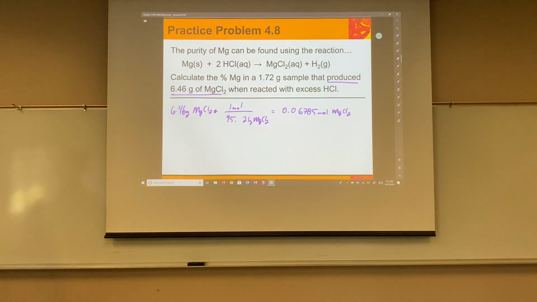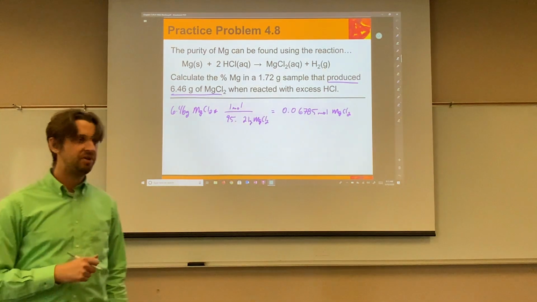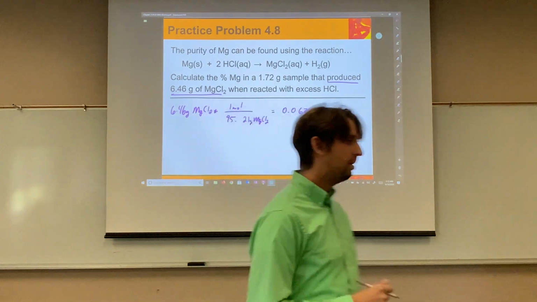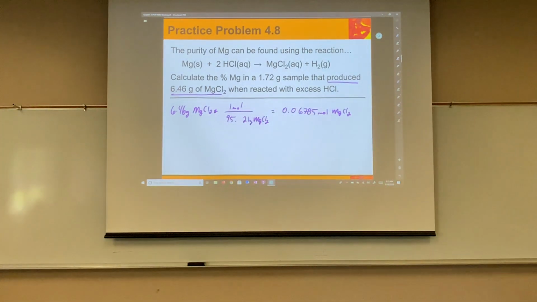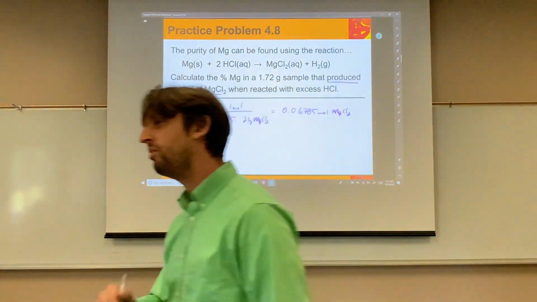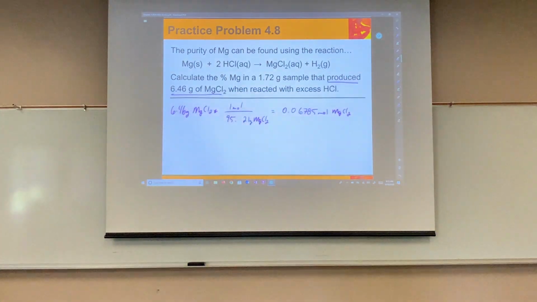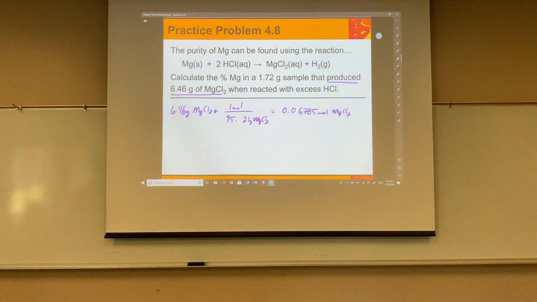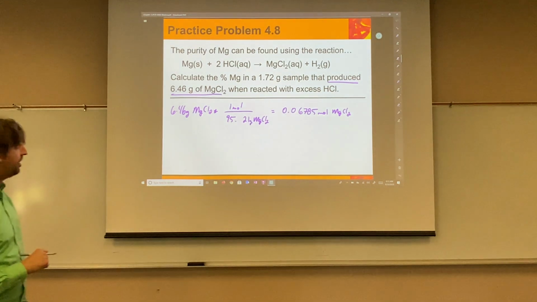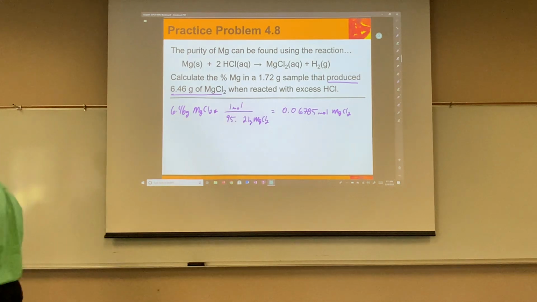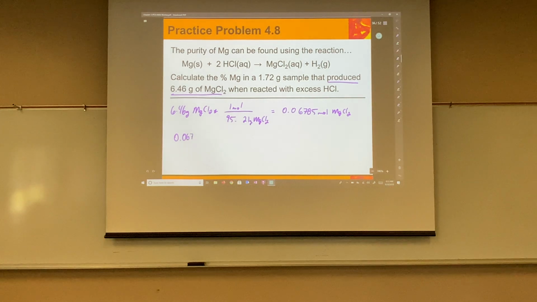Now that I converted grams into moles, I'm going to convert moles into moles. Moles of what into moles of what? Moles of magnesium chloride into moles of magnesium, right? Because that's what I need to figure out. So what's the ratio of magnesium chloride to magnesium? 1 to 1. There you go.